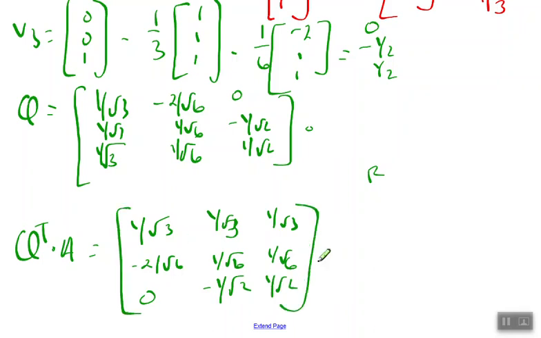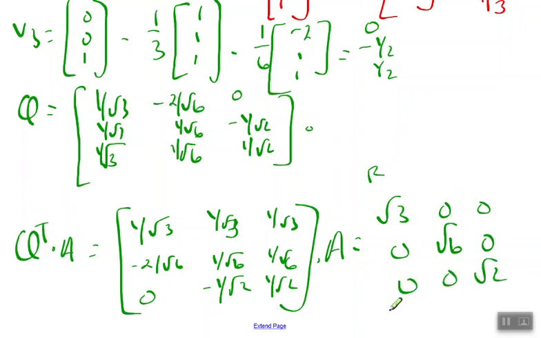And if I multiply that by A, and I literally did this by hand, I got radical 3, 0, 0, 0, radical 6, 0, 0, 0, radical 2. Is it upper triangular? Yes, it is.